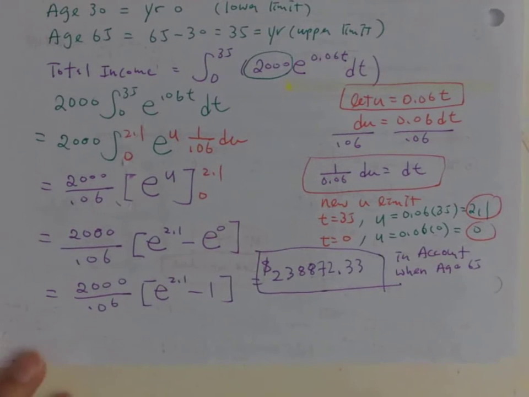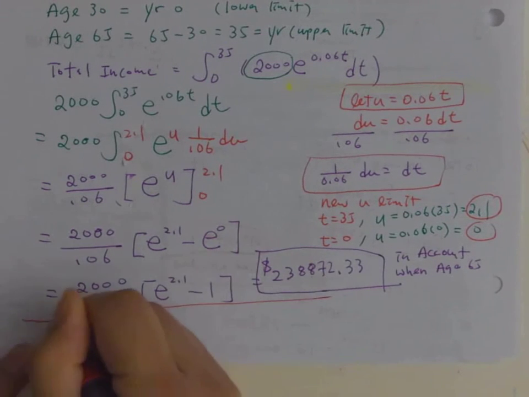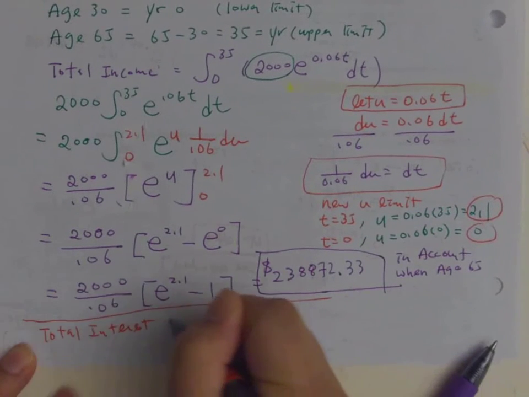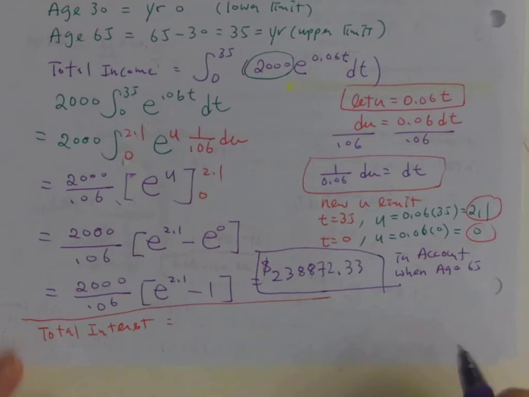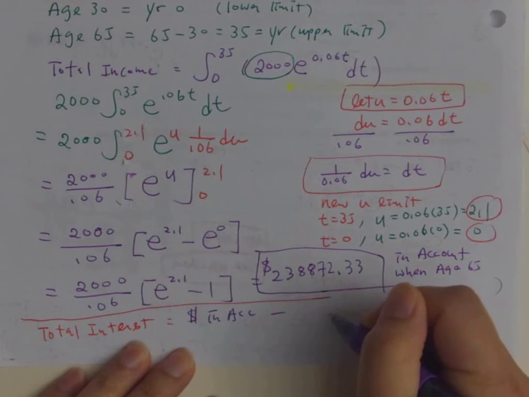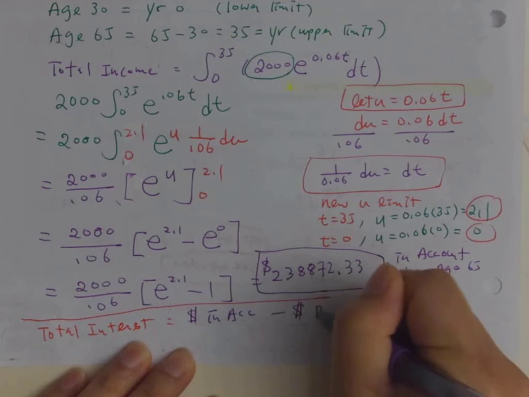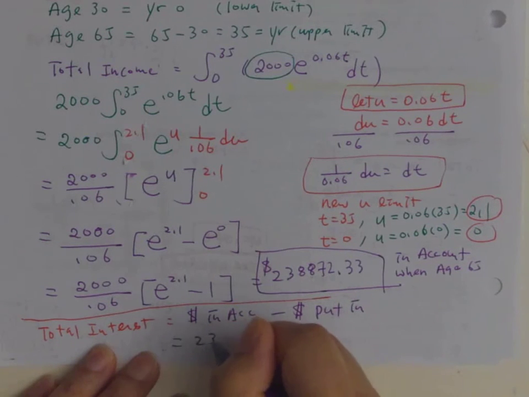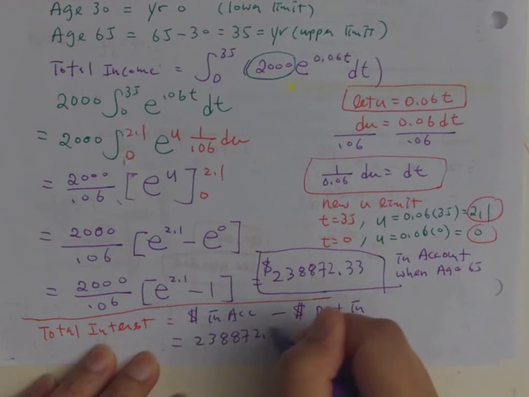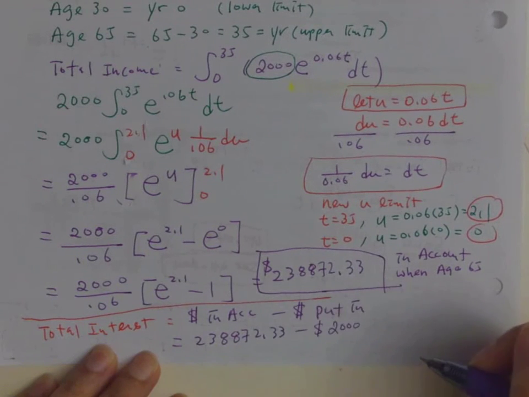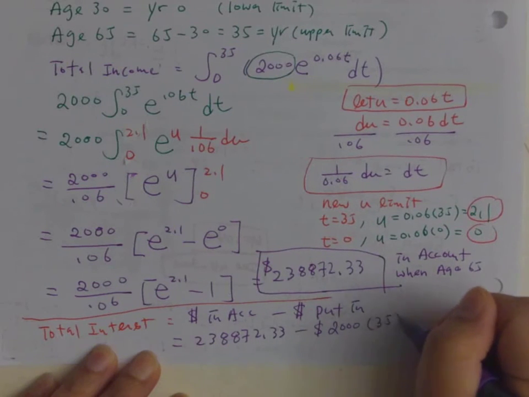Alright, so they also want to find the interest, right? So how do we find the interest? Total interest. You are going to have to use the money in the account, subtracting how much money you put in, right? So we just found the money in the account is 238,872.33. Subtracting, you were putting in 2,000 each year for 35 years, right?